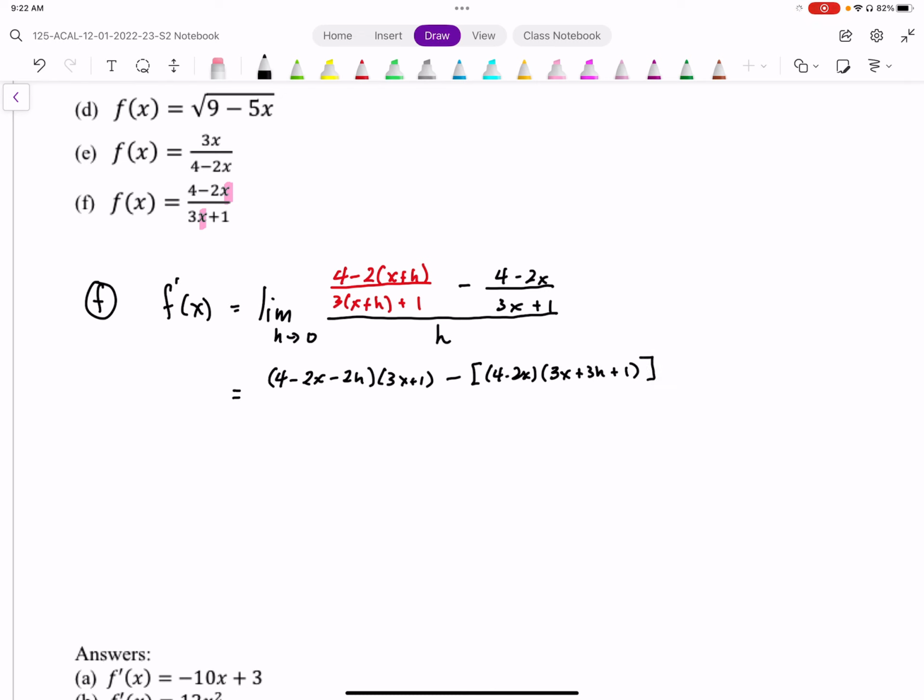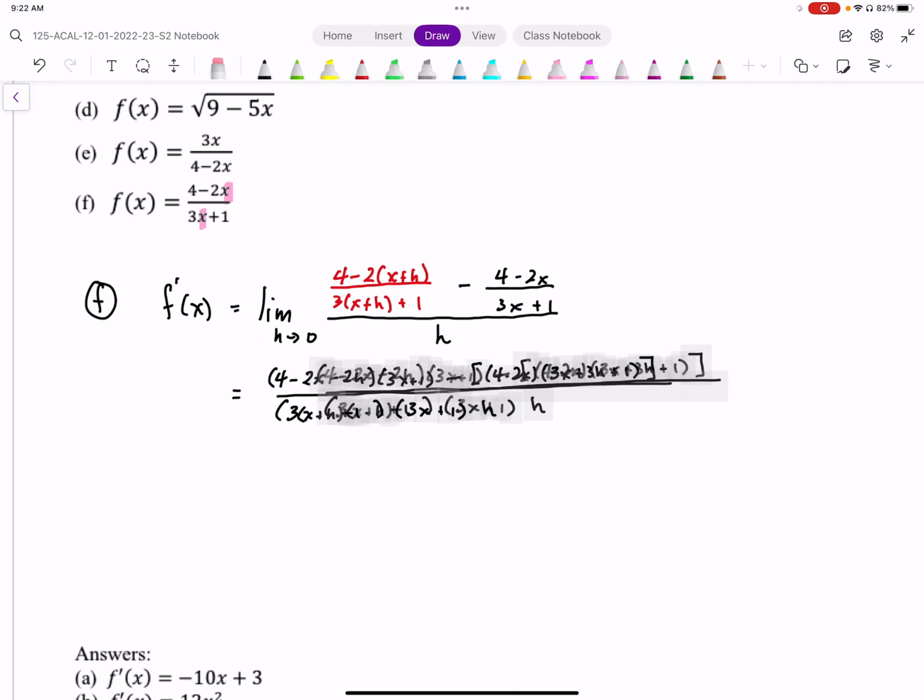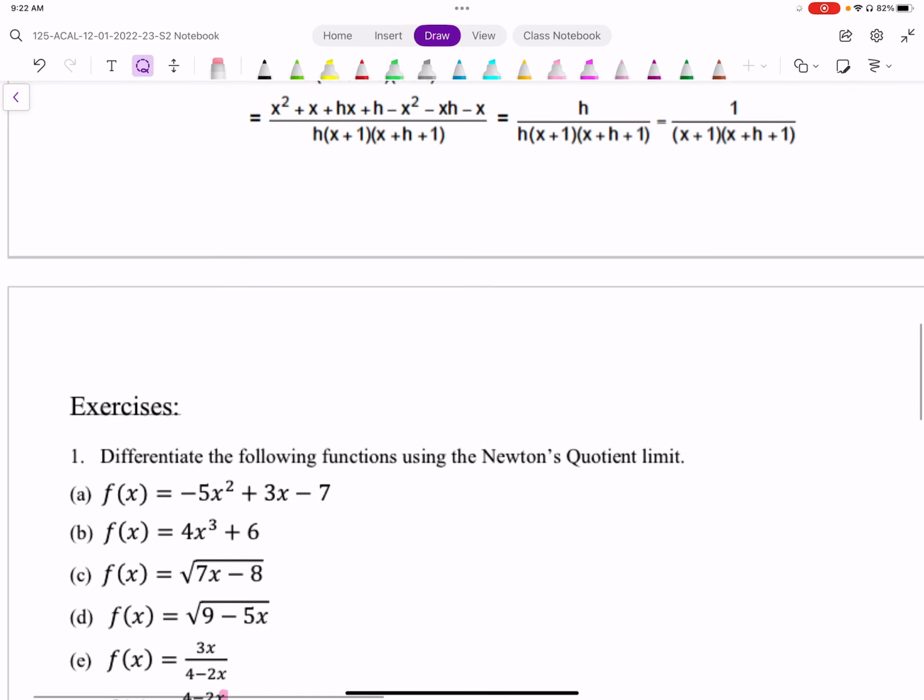Okay, and then that's all going to be over the common denominator here of 3x plus h plus 1. And then just keep that in that form, and 3x plus 1, and then we have our h. Okay, and then again, I need to make this a limit as that h goes to 0, and we want to get rid of that divide by h.